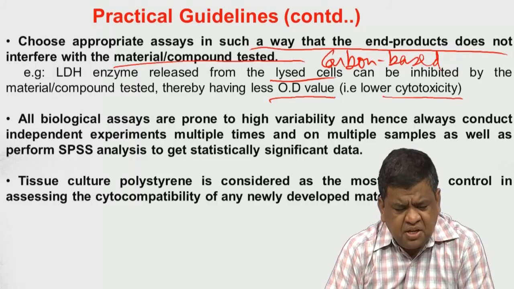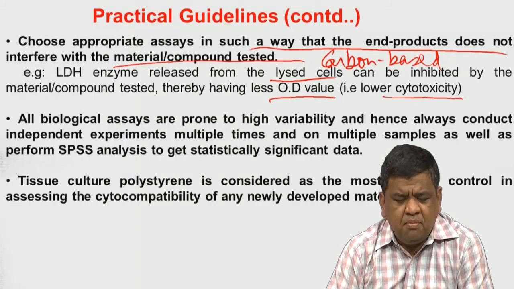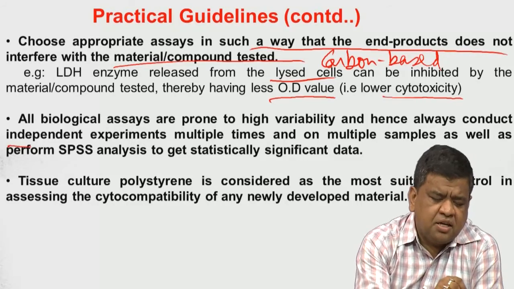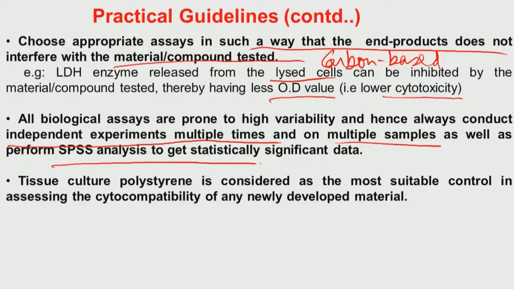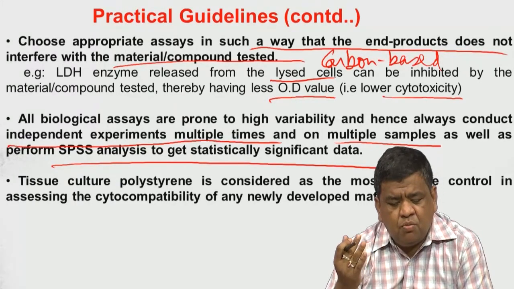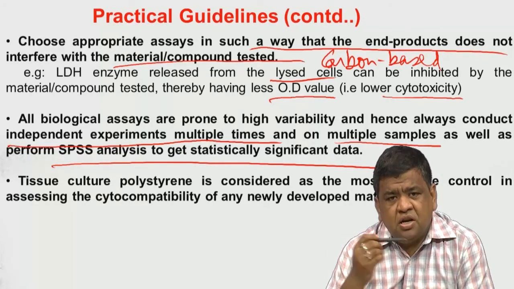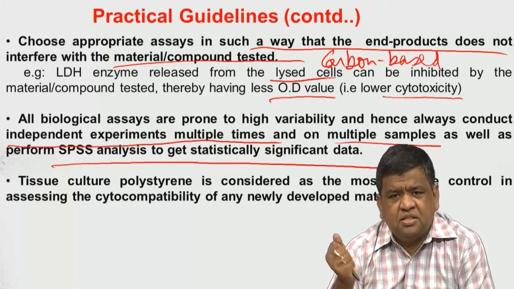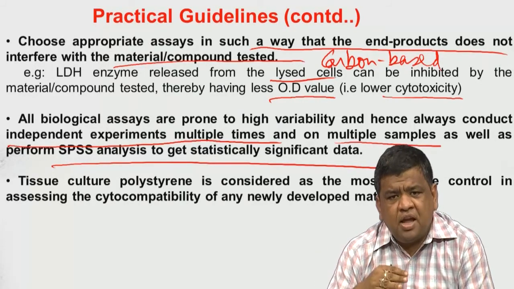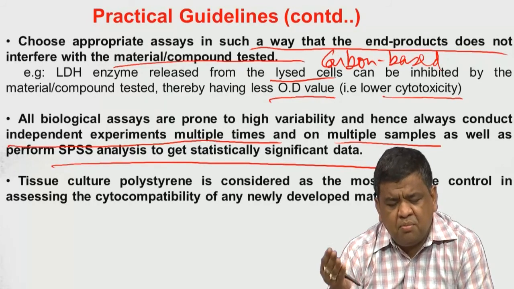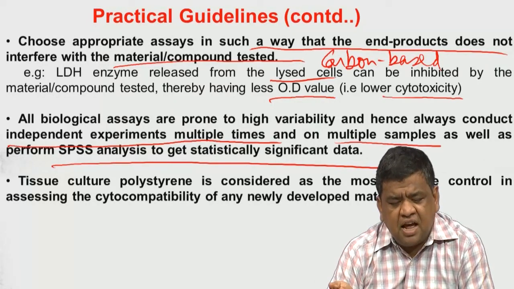So, other points that I have mentioned, that all biological assays are prone to high variability, hence always conduct independent experiments multiple times and on multiple samples, as well as perform SPSS analysis to get statistically significant data. Because if you do some cell culture experiments today on the same material, and if you do it tomorrow, since cells are continuously growing in the medium and you are culturing those cells on another non-living substrate, you may get variable results from different biological assays.